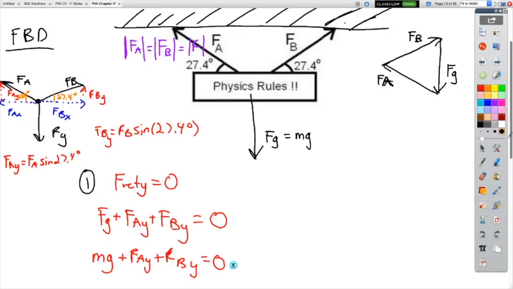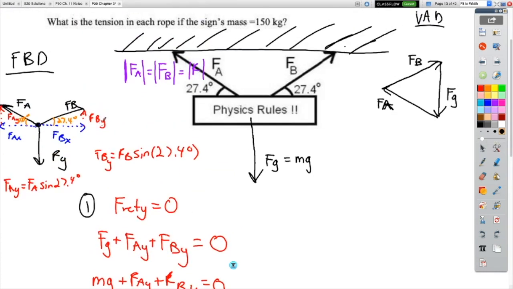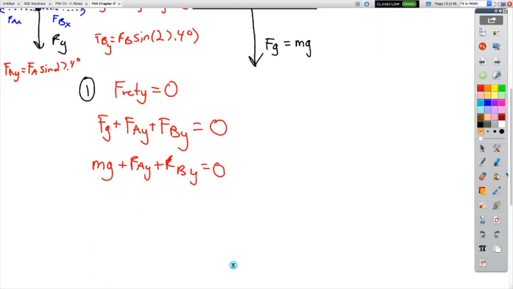So let's just say Fay equals Fby equals Fy, just for the sake of not assigning it to one. So we're saying the size of this vector, we're going to denote as Fy. Well then, we have mg plus Fy plus Fy, because they're the exact same thing, equal to 0.